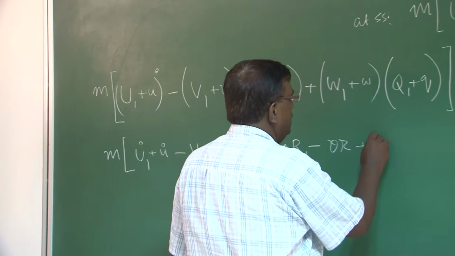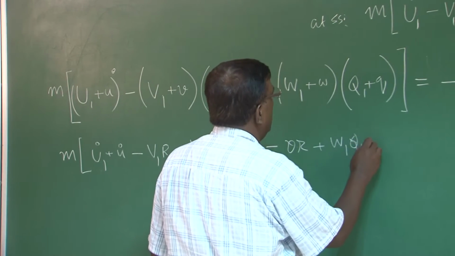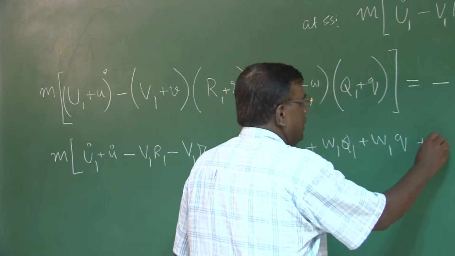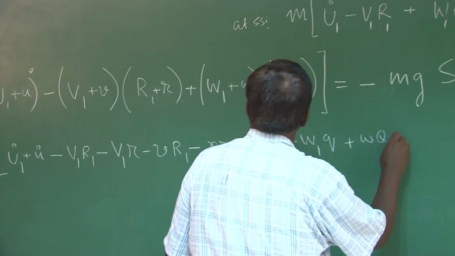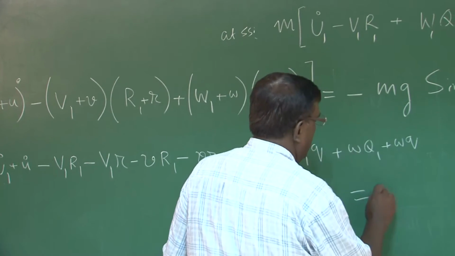So here I get W1 Q1 plus W1 Q plus W Q1 plus WQ is equal to minus mg.